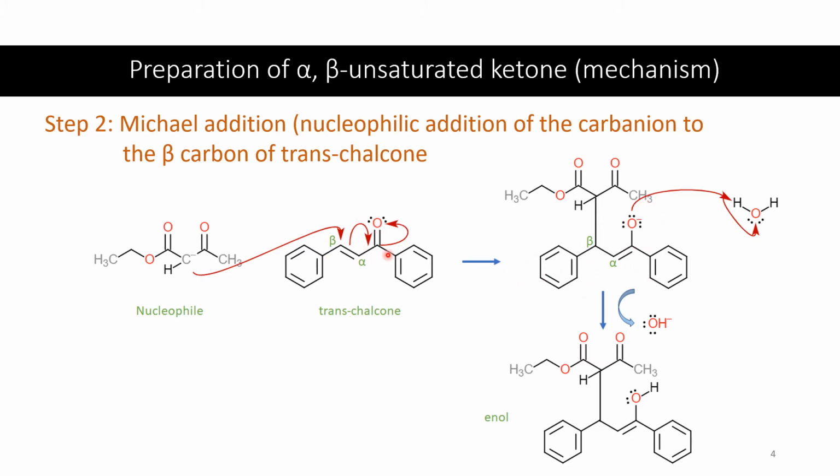And during that process, the electrons all shift towards this carbonyl oxygen, and the negative charge on this carbonyl oxygen is removed by accepting a proton from water, forming this OH group. Now you can see there's an OH group next to a double bond. These types of molecules, we call enols.